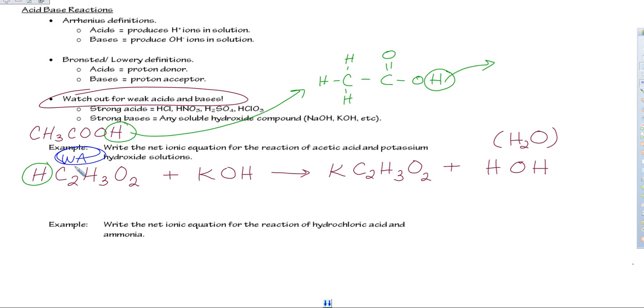However, potassium hydroxide is a strong base. A strong base is a strong electrolyte. So I can think of this guy as potassium and hydroxide ions. Those guys would split in solution. On the product side, I've got potassium acetate. This would be a strong electrolyte.